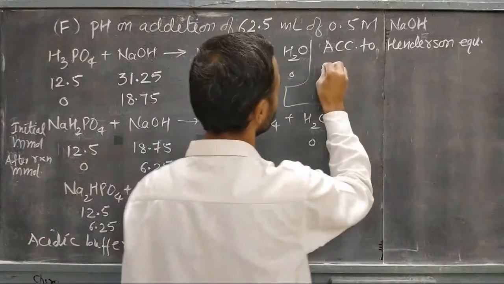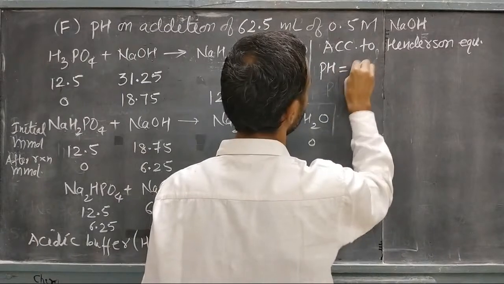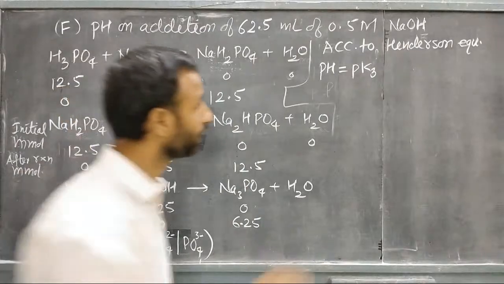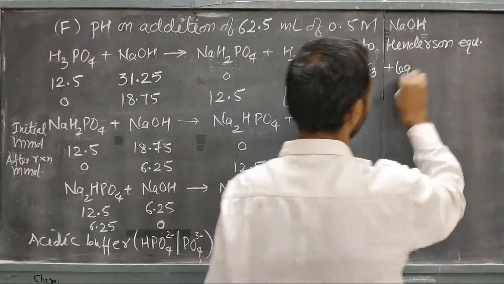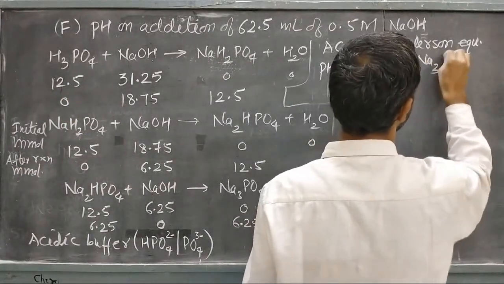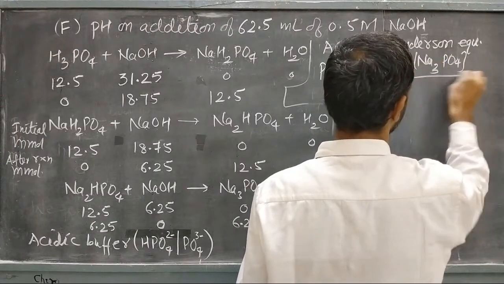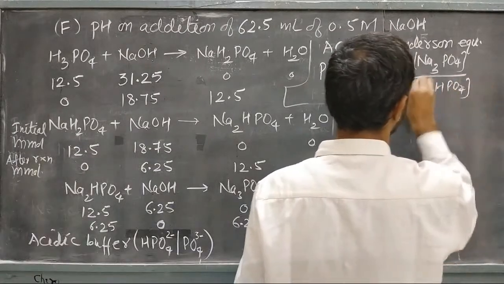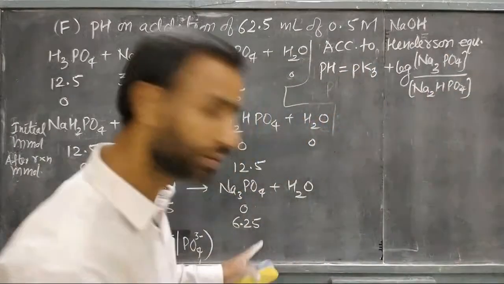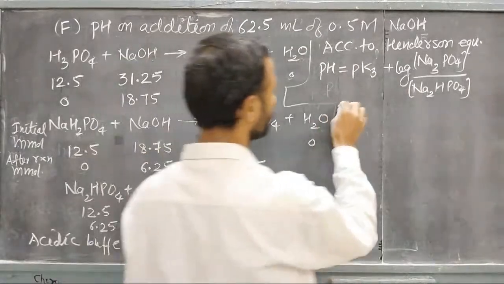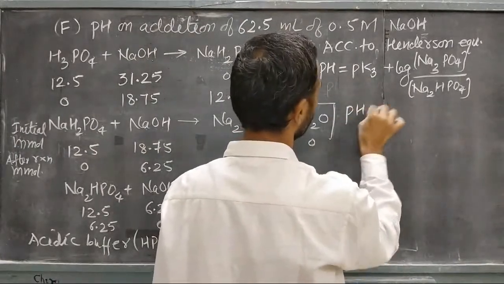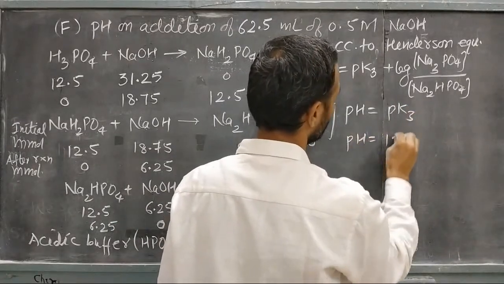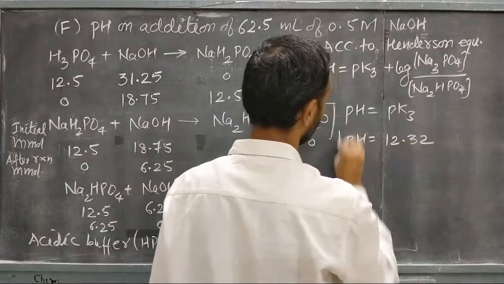According to the Henderson equation, pH equals pK3 plus log of salt concentration to acid concentration, and the concentrations of salt and acid are the same. So in this way, here pH equals pK3, which means pH equals 12.32.